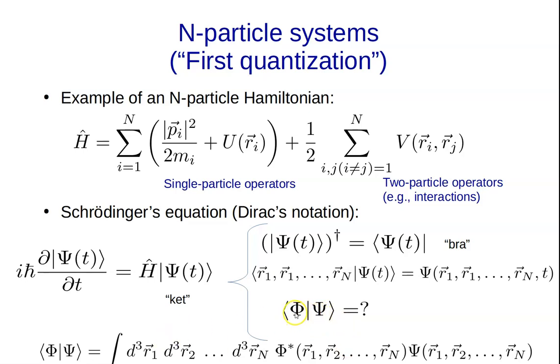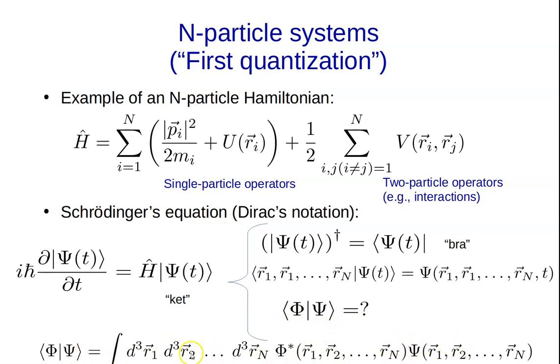The same, very similar to what we did for single particle states. Now, what happens is that this integral is going to run over the entire configuration space. So this psi here is a function of n coordinates, and this one is as well. So this inner product is defined like that.